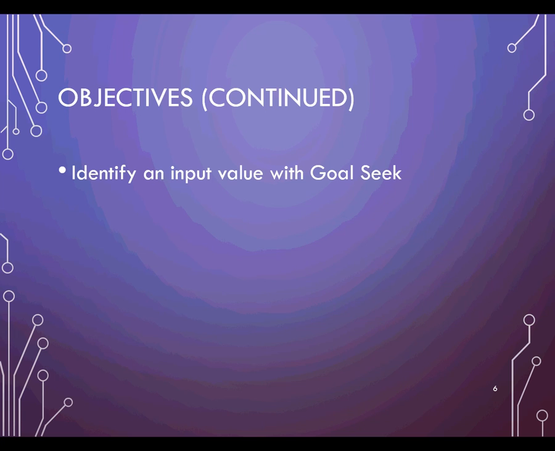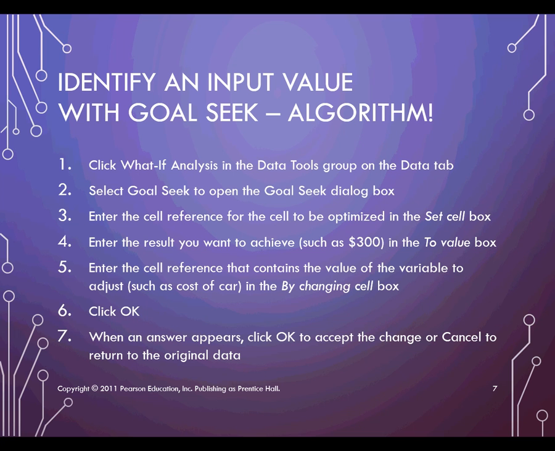So after we've looked at the algorithms, the sets of steps, the groups of steps which we can use to create a 1 variable or a 2 variable data table, now is the time to use the goal-seek tool of what-if analysis. And again, an algorithm.